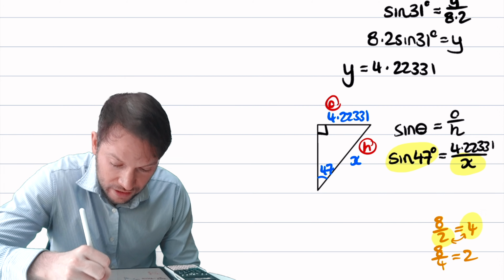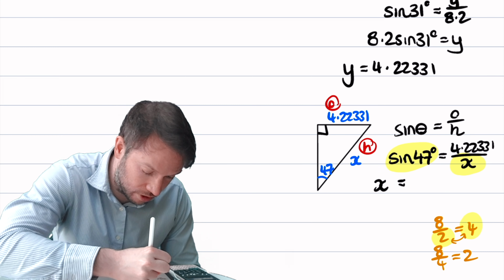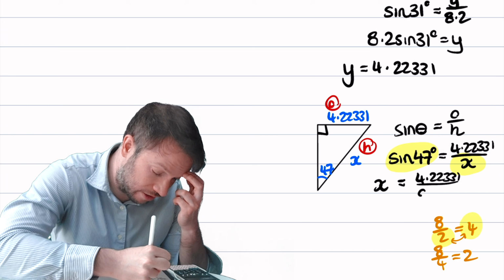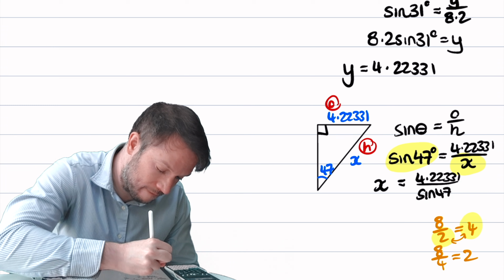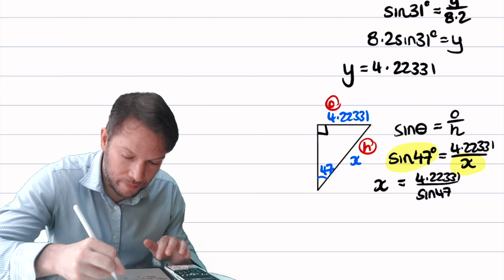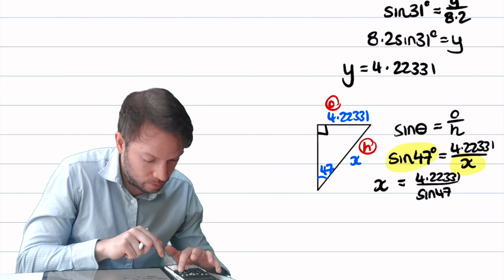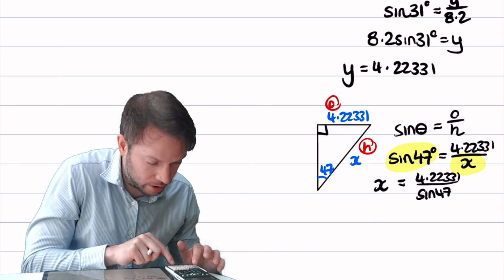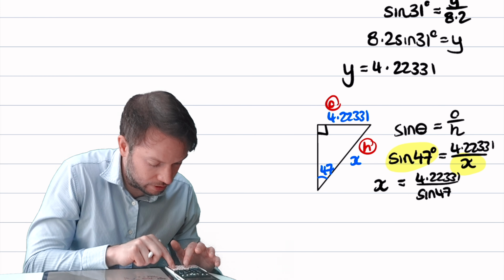So if we do that, we end up with x is equal to 4.22331 divided by sine of 47. And if we do that on our calculator, we get 4.22331 over sine of 47.